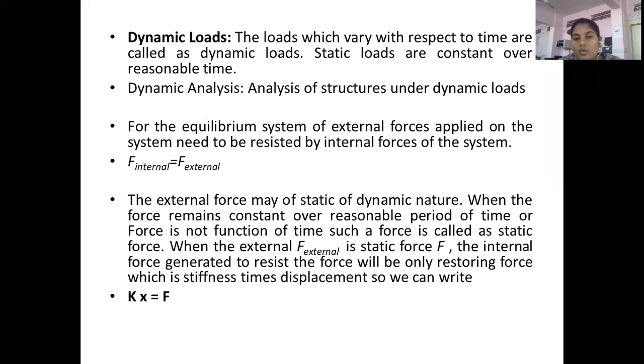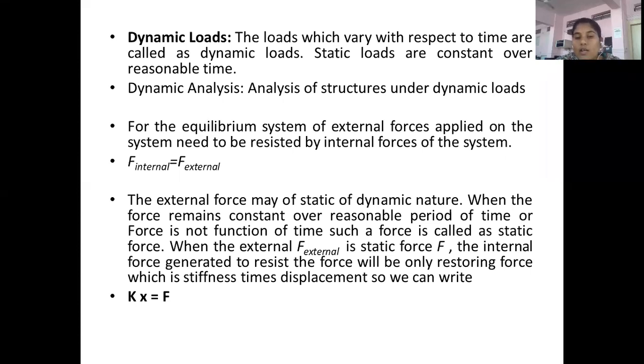Even if there are smaller changes in the load, at that condition also we go for the static analysis. Now dynamic analysis: whenever dynamic loads are coming on the structure, at that time we have to go for the dynamic analysis.